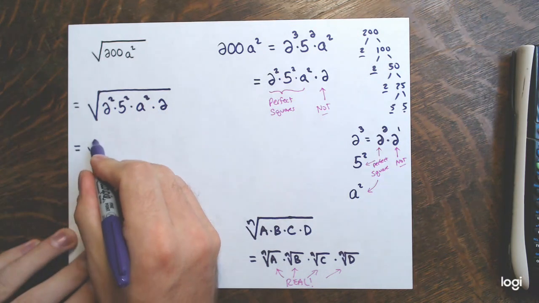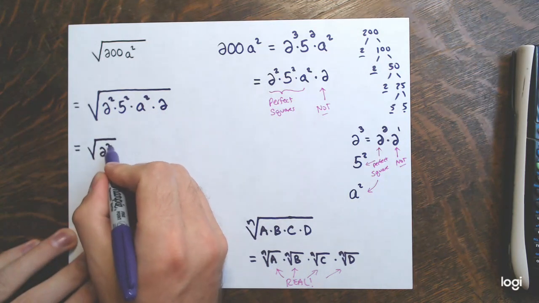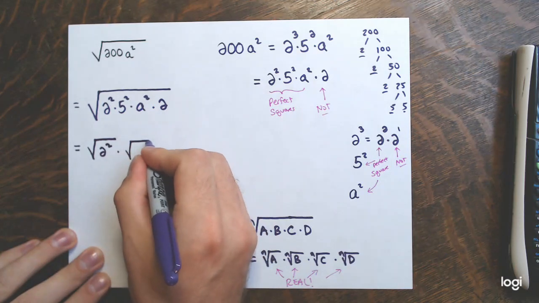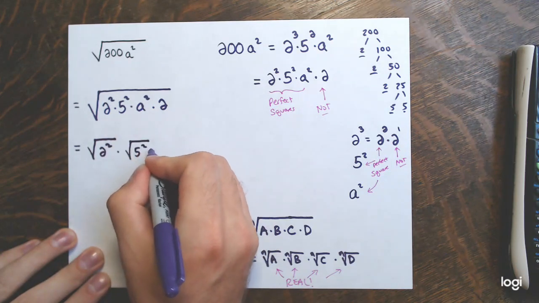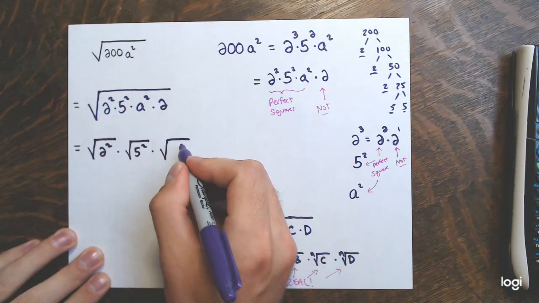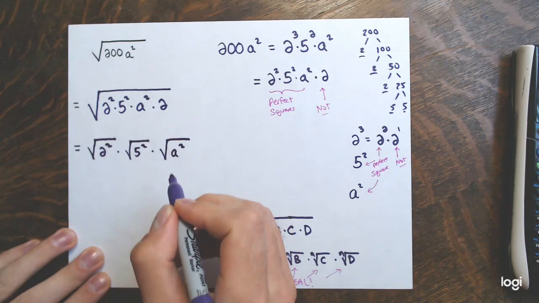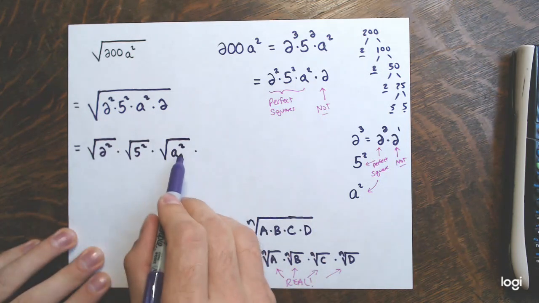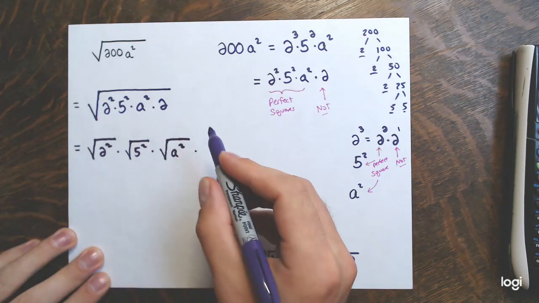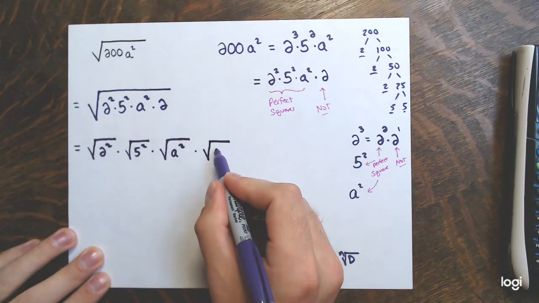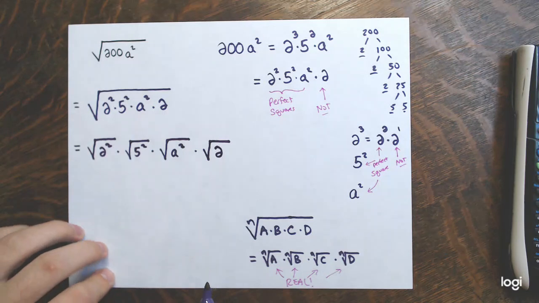So this is the square root of 2 squared times the square root of the next factor, 5 squared, times the square root of the next perfect square, a squared. And those are all my perfect squares, and then times the square root of the non-perfect square, 2.